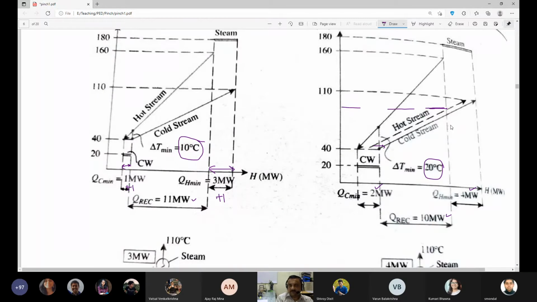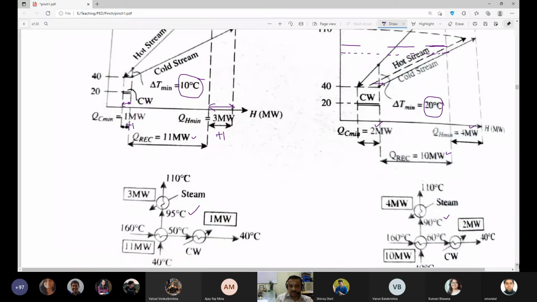This level was where we are meeting. Now you have shifted. So now your cold stream has come down from 95 degrees centigrade to 90 degrees centigrade.